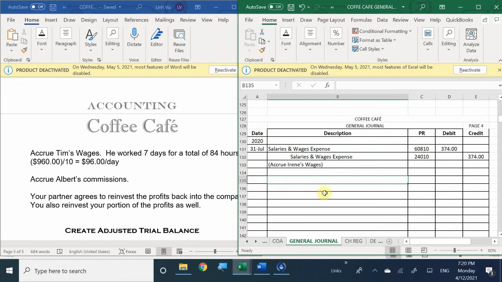Like I've mentioned before, we can easily recognize that we are accruing for his earnings, so we are accruing salaries and wages expense. And once again, we are owing the same exact amount in the payable. So, 731. Once again, this is for Tim.